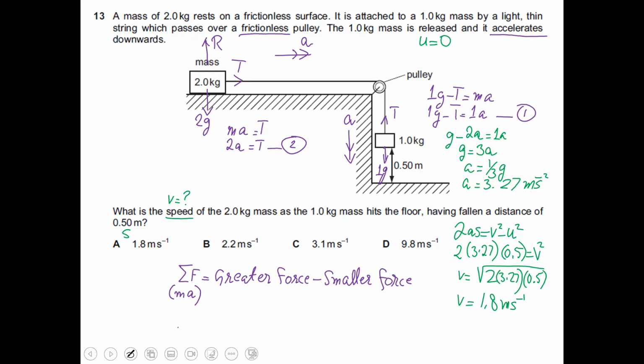Then you have to put the acceleration in the equation to find speed.